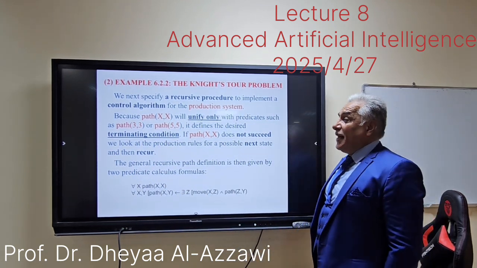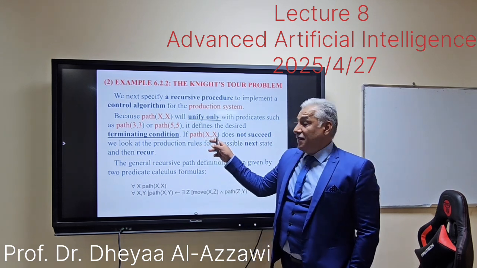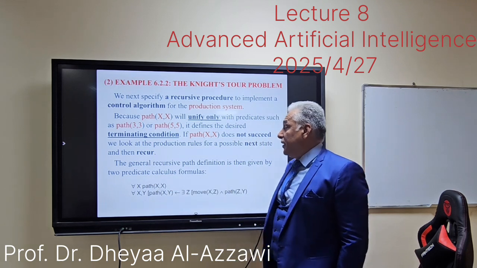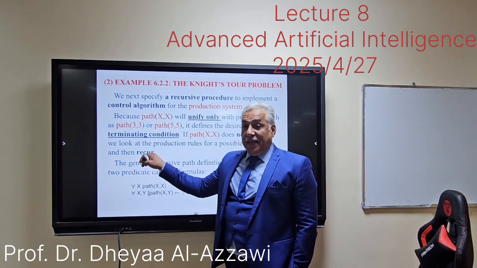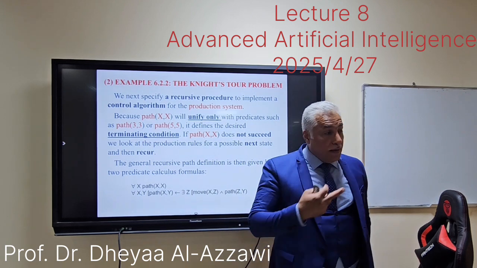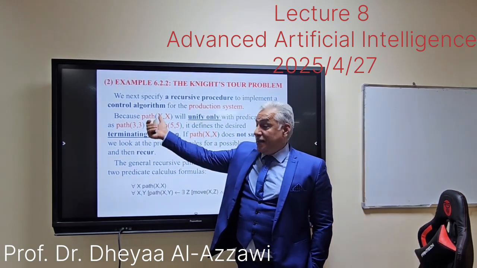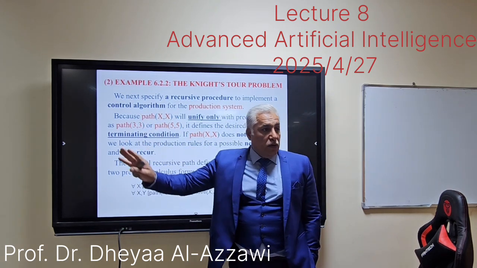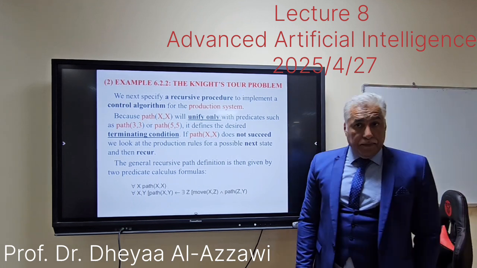We also need to design a termination condition. If path X does not succeed, we will use the production rules for the possible next state and then recursion. If we get this condition, that the first argument equals the second argument, it will stop the algorithm.